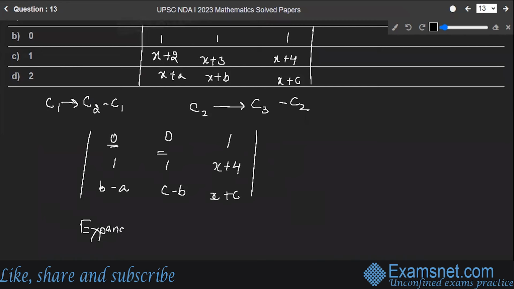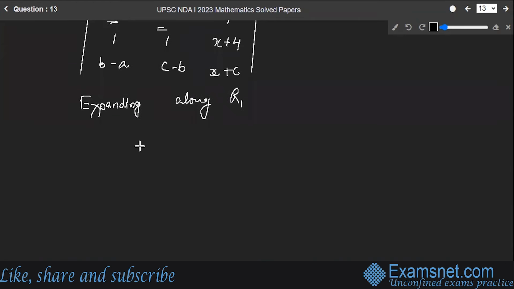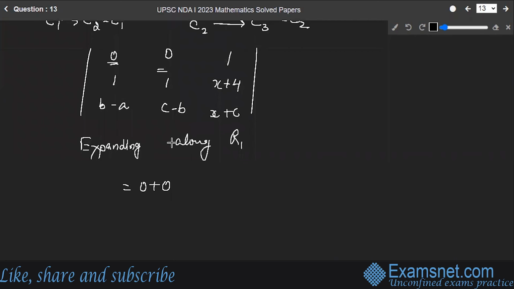Expanding along the first row, you'll have 0 plus 0 plus 1 into (c minus b) plus a, which gives you a minus 2b plus c.